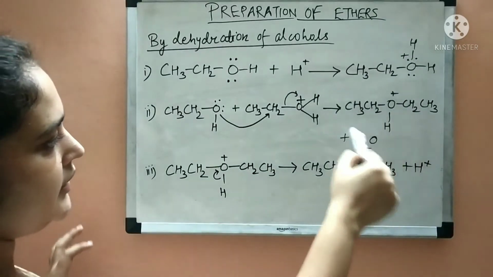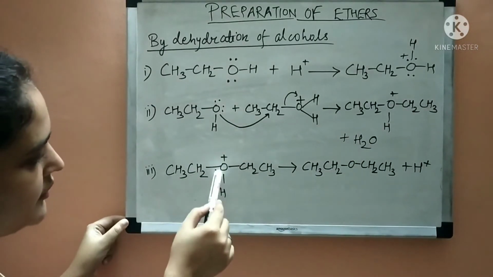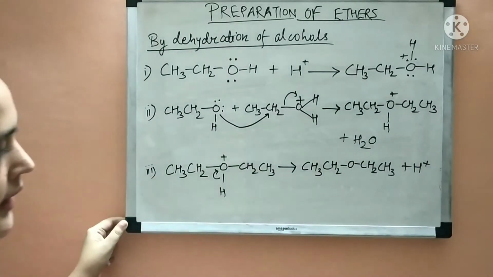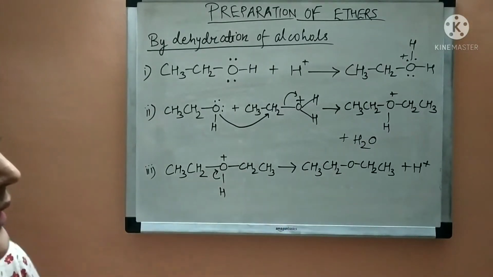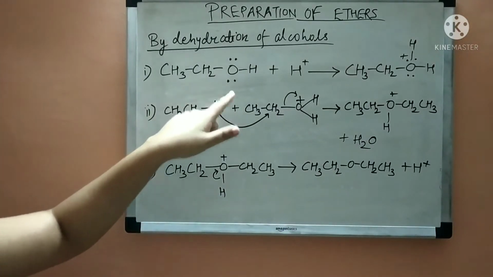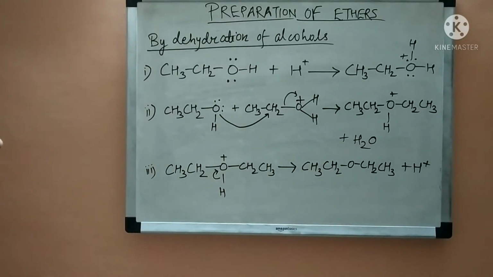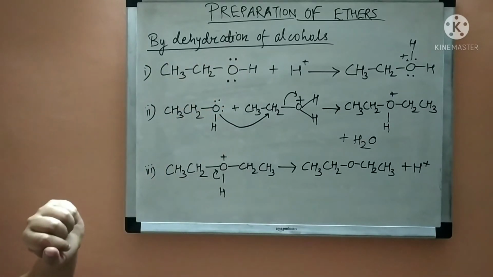So this is what we are getting. Now the last step is that H plus is removed from this molecule which we got in the second step, and we will get the final product as diethyl ether. So we started with ethanol and we are getting diethyl ether as a product, and this is the mechanism for dehydration of alcohol.